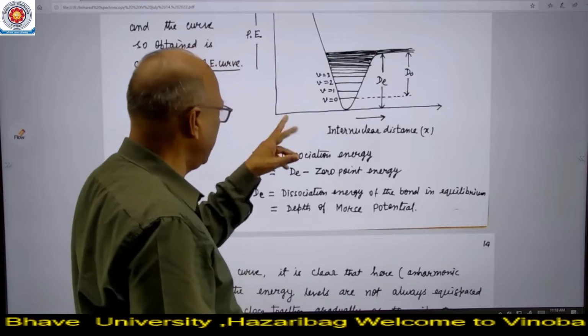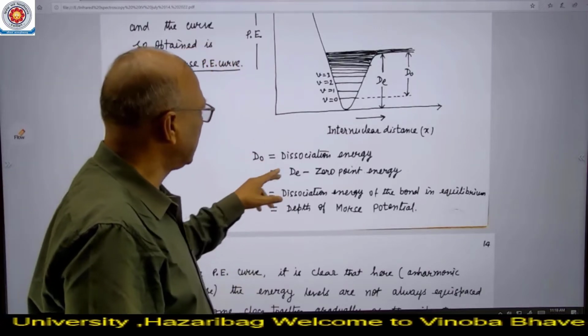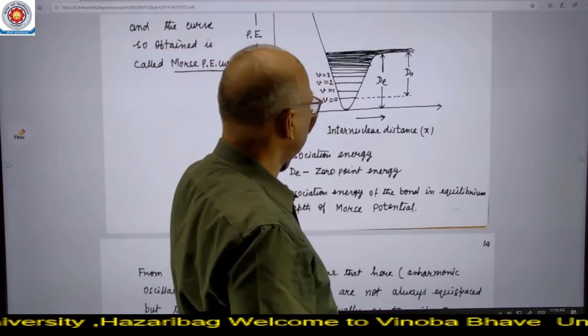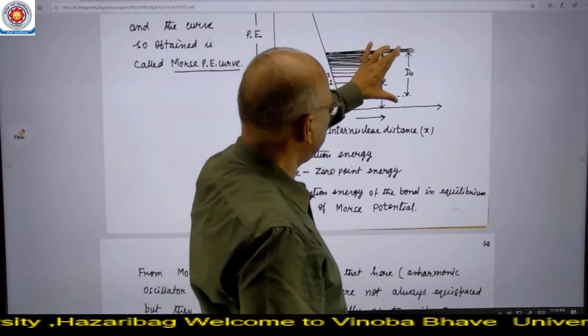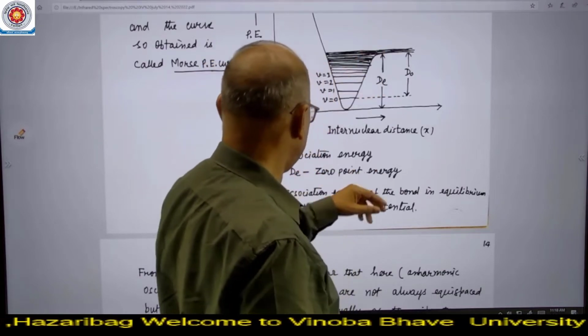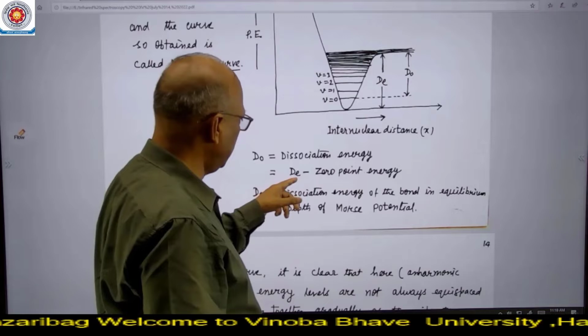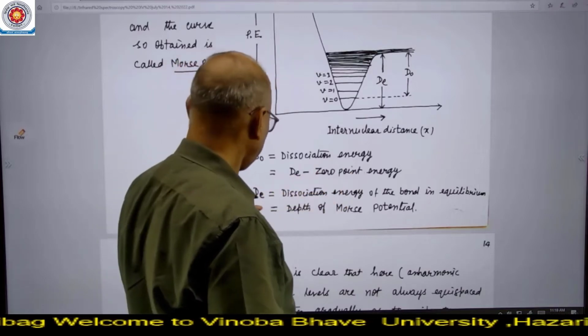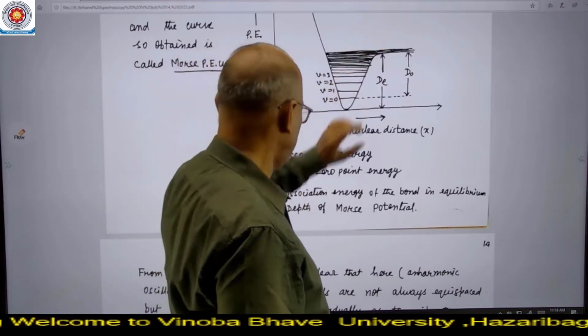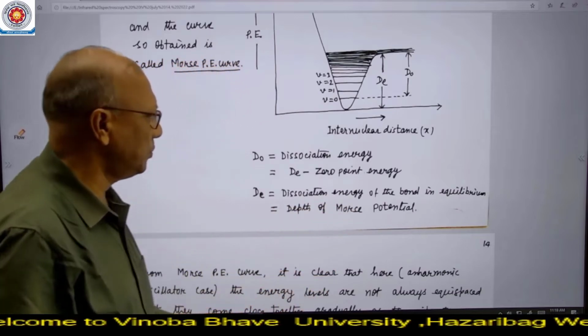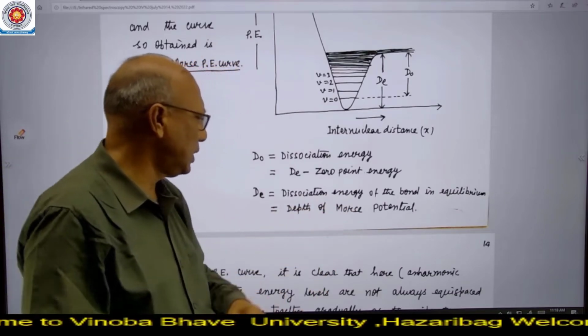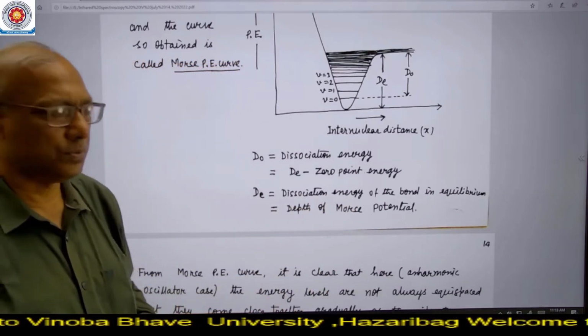From the figure it is very clear that this much energy is the zero point energy, this much energy is the dissociation energy, and that is equal to dE minus zero point energy, and this dE is equal to the dissociation energy of the bond in equilibrium. This is also called the depth of the Morse potential.